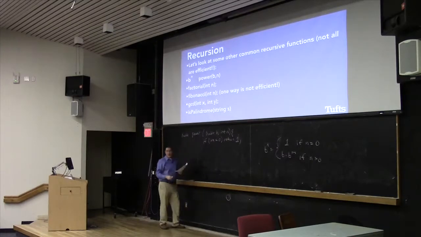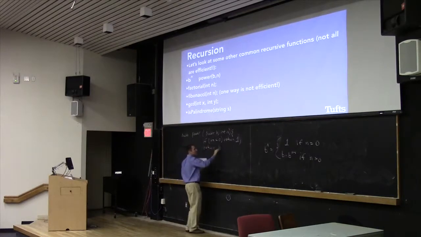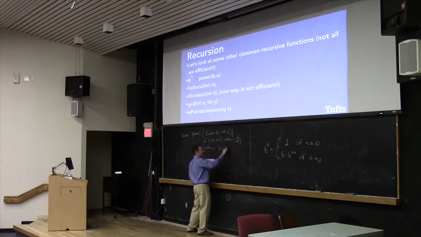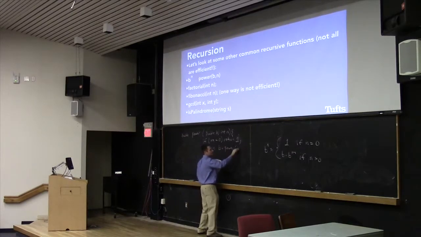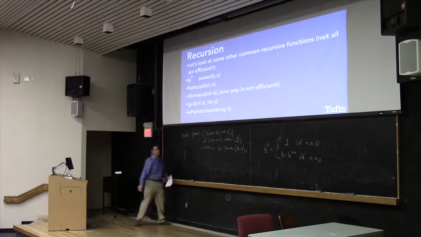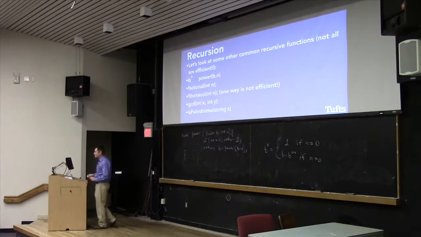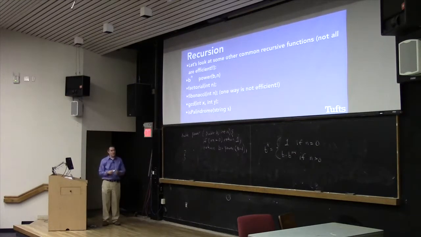But you can now say return b times power n minus 1. Whoops. And that's our function. It's a recursive function. And let's see how it actually works. Let's walk through this one.